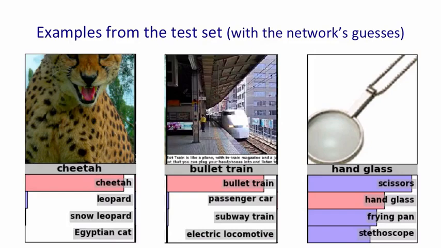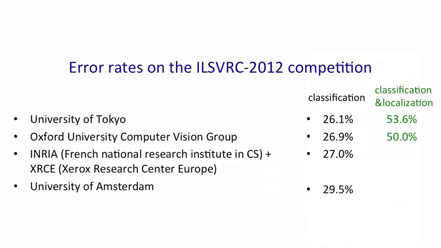So how did the systems do on this data? Here are the error rates for the computer vision systems. One thing you'll notice is that the best systems are all very similar. The University of Tokyo managed to get 26.1%. Here I'm just reporting the best system from each group.